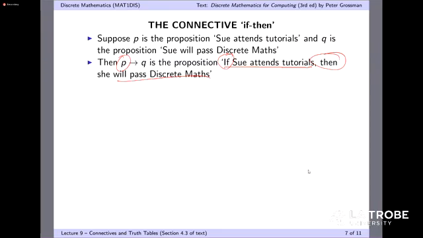Right? Do you agree with that? Okay. Now, can you look at some other combination of this to get this same truth table, truth value?